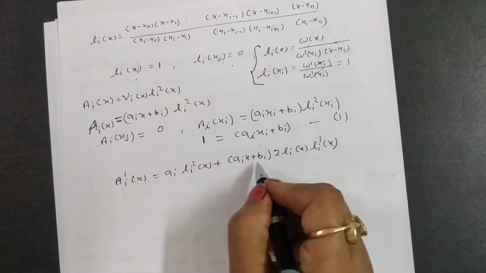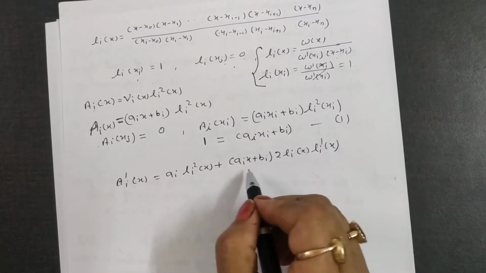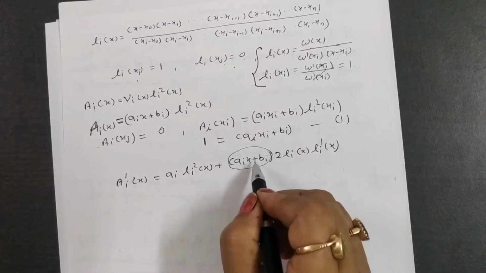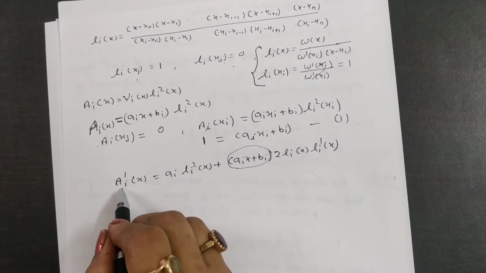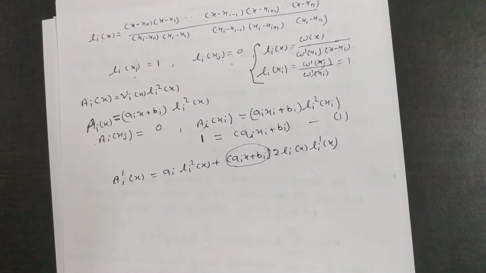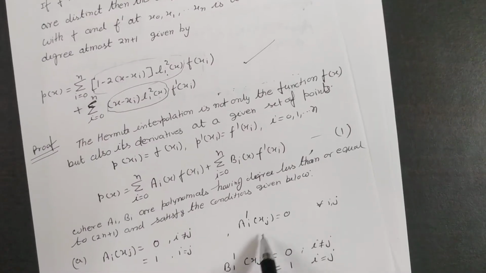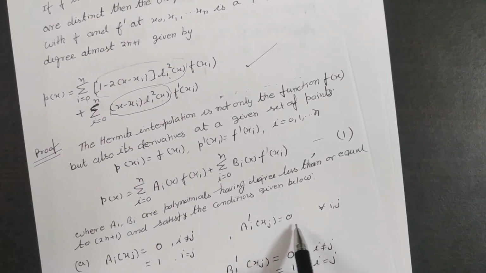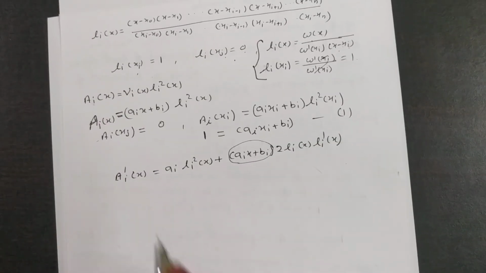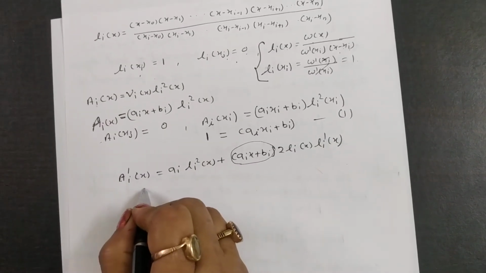Now you see that from equation number 1 the value of this is equal to 1, and the value given here for i or j is 0. So this term you can write as 0.